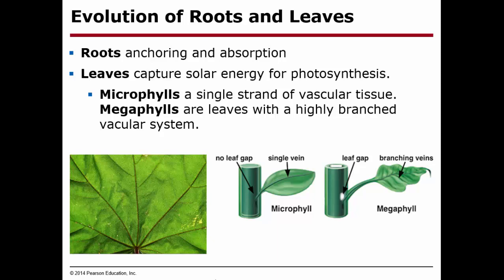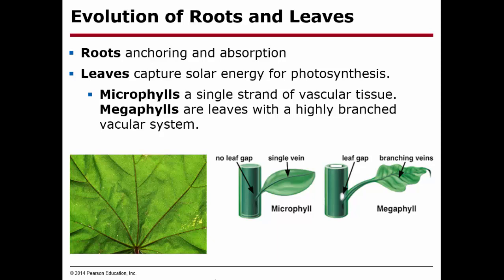However, we see a much greater degree of cellular specialization between the roots and leaves of the vascular plants. So the roots are involved mostly in stabilizing and anchoring the plant into the ground, while the leaves that contain chlorophyll and other photosynthetic pigments are involved in capturing light and facilitating photosynthesis.